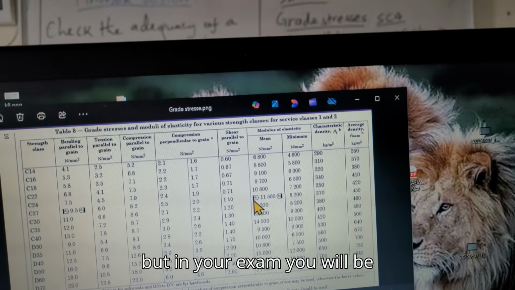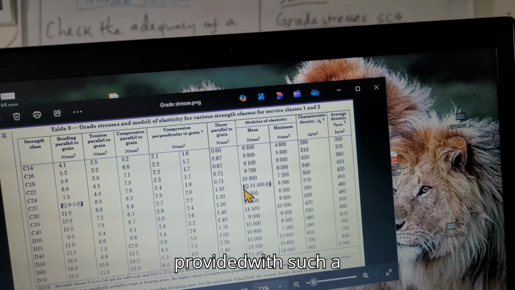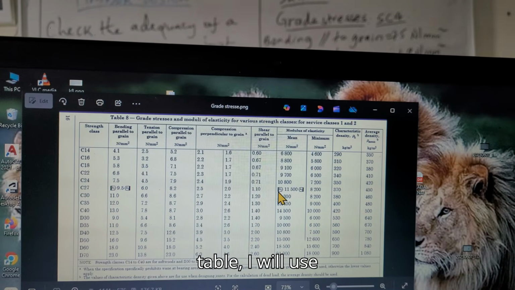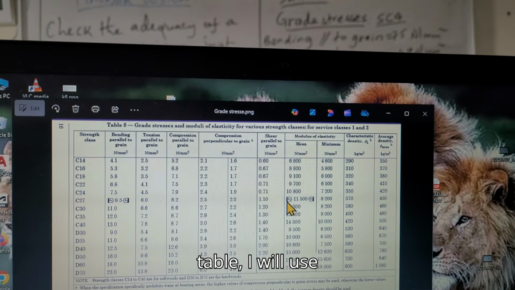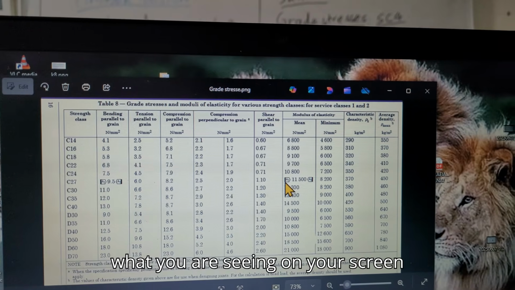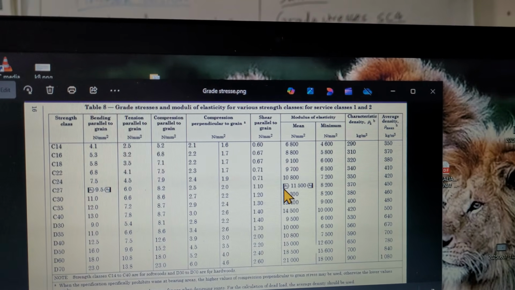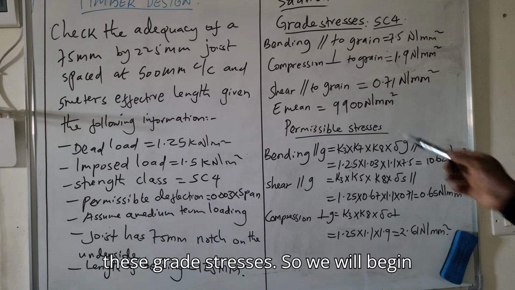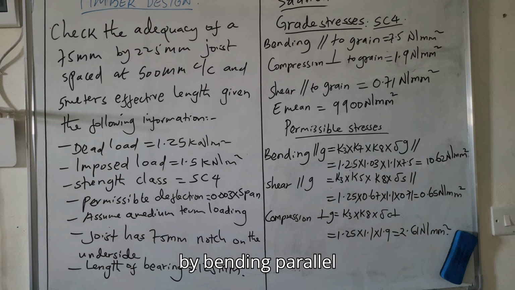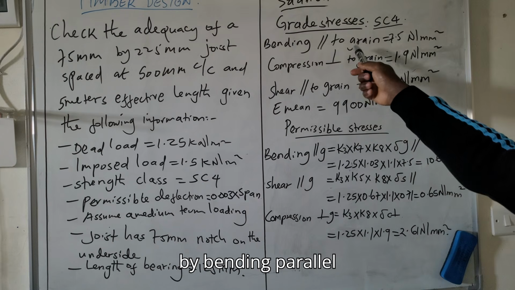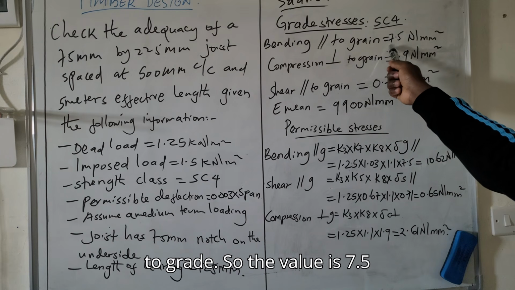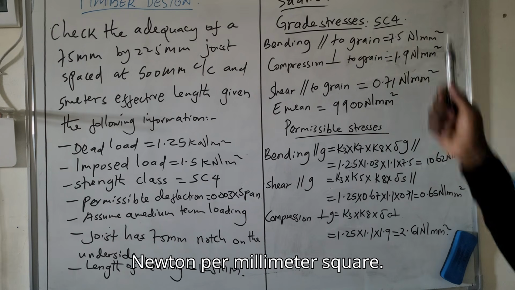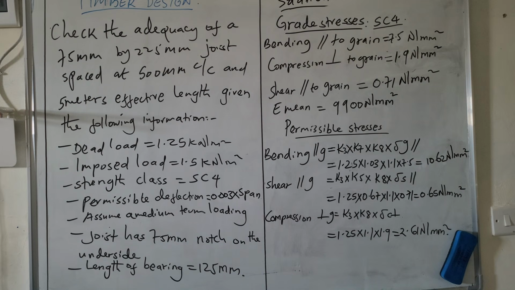But in your exam, you will be provided with such a table. I will use what you are seeing on your screen to explain these grade stresses. So we will begin by bending parallel to grain. So the value is 7.5 Newton per millimeter square.